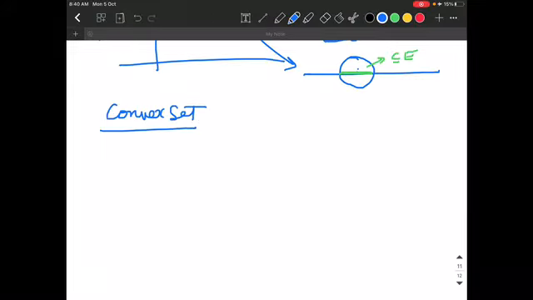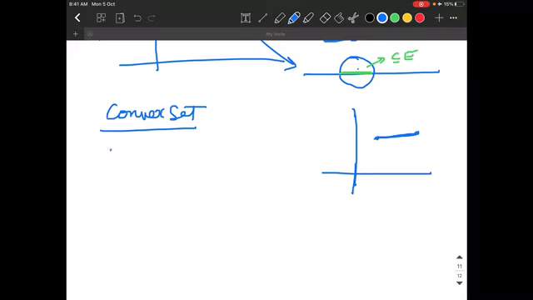In an affine set, for every 2 points, the entire line passing through those points should lie in the set. However, in a convex set, only the line segment joining these 2 points needs to lie in it.